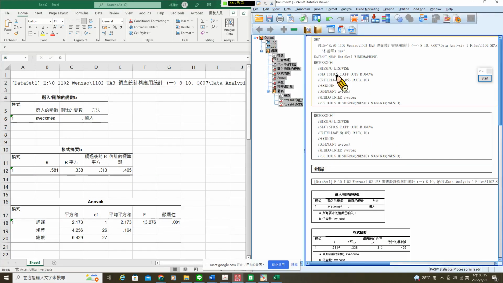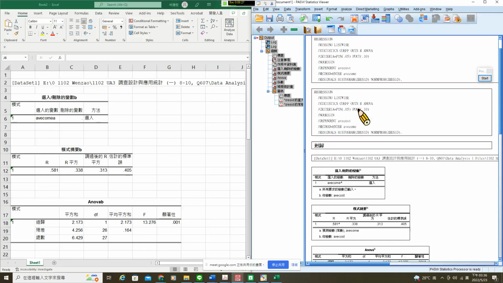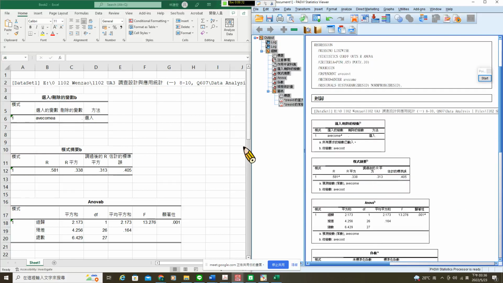So let's take a look here. Normally, when you output this, there are a lot of tables shown in the output. For example, it will say this one. This one is this one, right? So you can see this one is here.